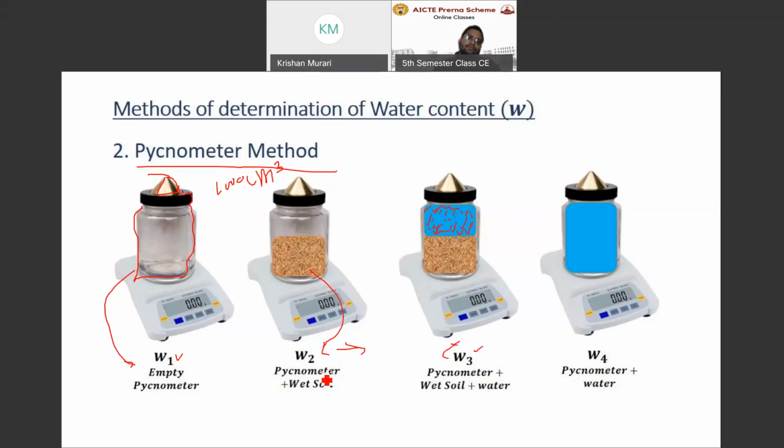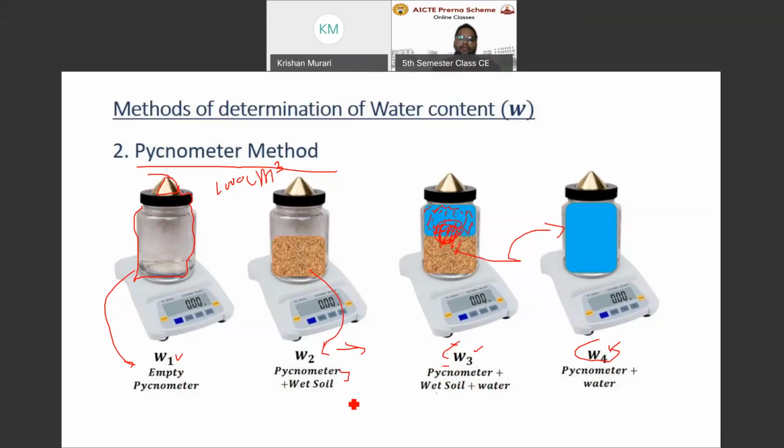W2 contains the pycnometer and wet soil; the third case contains the pycnometer, wet soil plus water. Now in the fourth step, you replace all these things by distilled water and weigh it again. Now the weight is W4, that is the pycnometer plus water.